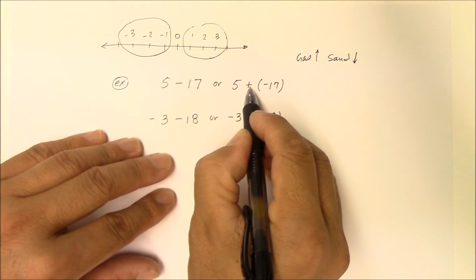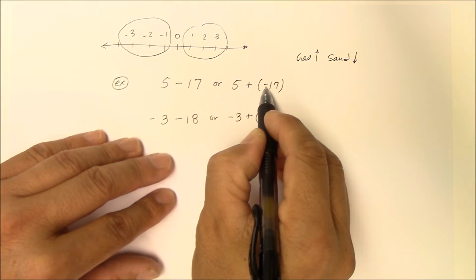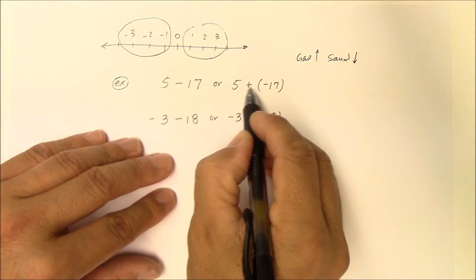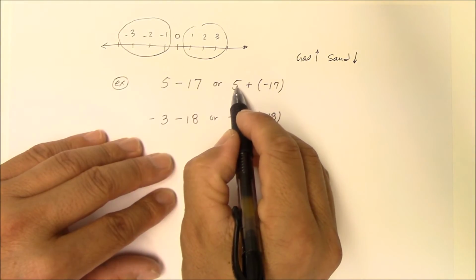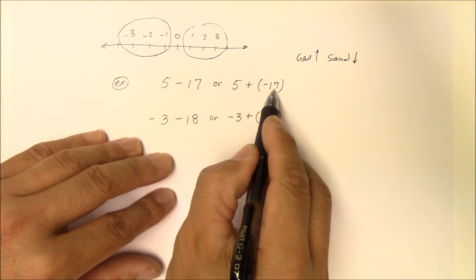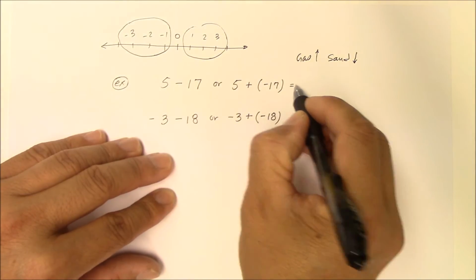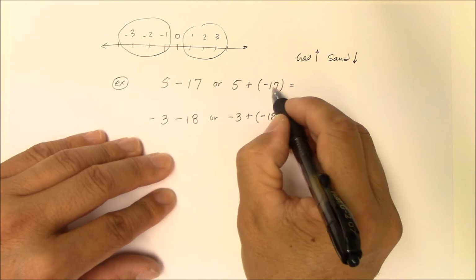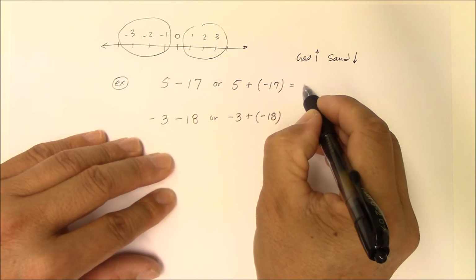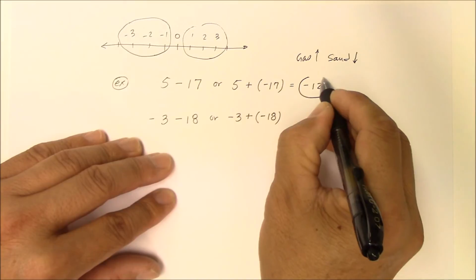We're going to add to it 17 sandbags. See that? Because it's negative. So what's going to happen if you add to 5 gas bags? That would make it go up. But now you're going to add to it much more sandbags, 17. What's the overall effect? Well, it's going to make it go down because there's more sandbags. There are actually 12 extra sandbags, so the overall effect is to make it go down by 12.